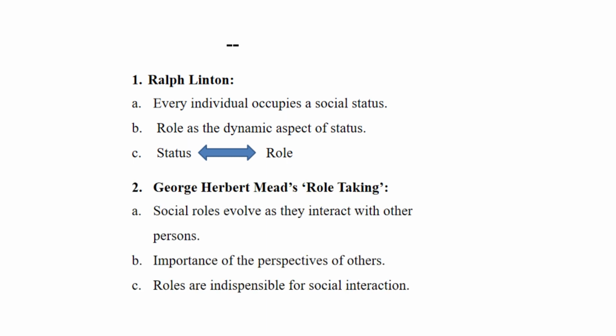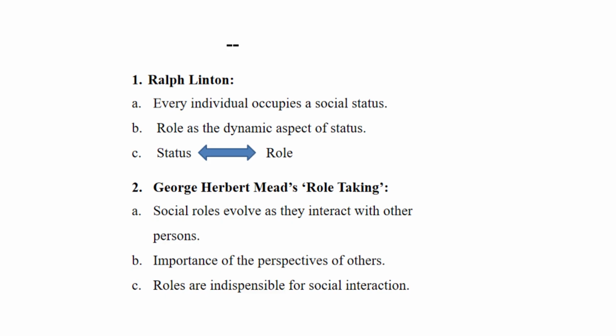The second definition is that of George Herbert Mead, who spoke in terms of role taking. Here I quote Mead, who said, "We learn how to act and behave in social situations through the process of imitation and role taking." The points to note in Mead's definition are as follows.